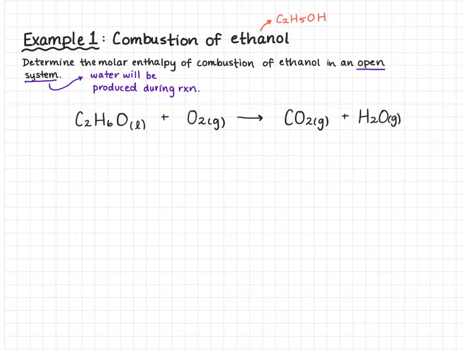To balance this, we need 2 CO2s here. We need 3 waters. That gives us a total of 4 plus 3 is 7 oxygens on our product side. We subtract 1 for ethanol, so we need this to equal 6. So we put a 3 in front here. So we have our balanced reaction.